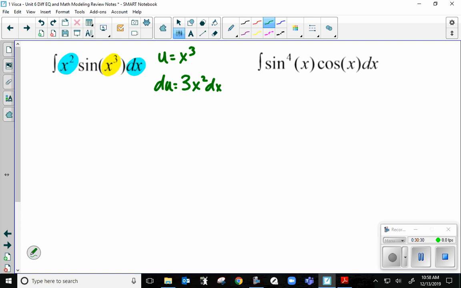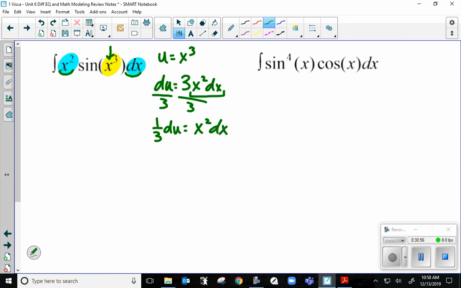So really, remember, I can have a number on the left side. I just don't want a variable there. So I'm going to substitute this out for u, but I'm going to take x squared dx out, which means this 3 has got to come to the other side. So I'm going to divide this side by 3 and this side by 3. So 1/3 du equals x squared dx.